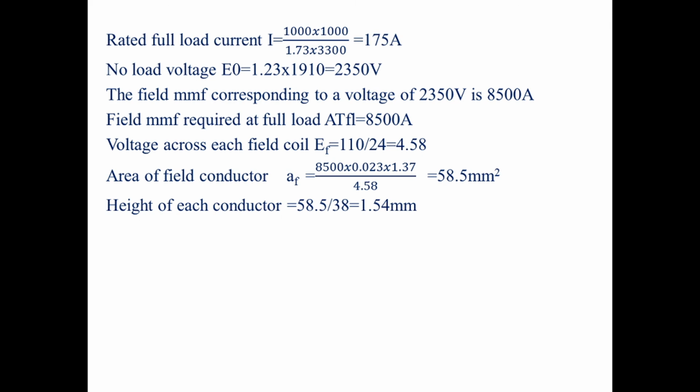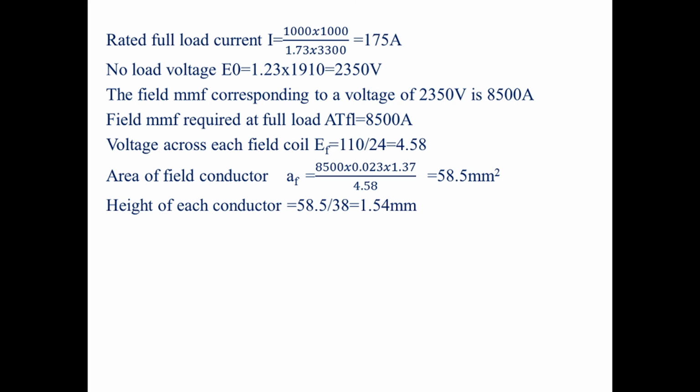What is 1.37? 1.37 is the length of the mean turn, LMTF, divided by 4.58, that is voltage across each field coil, EF. So if you refer to the formula, area of field conductor is IF into rho into LMTF divided by EF, correct. So the area of the field conductor is 58.5 millimeter square.